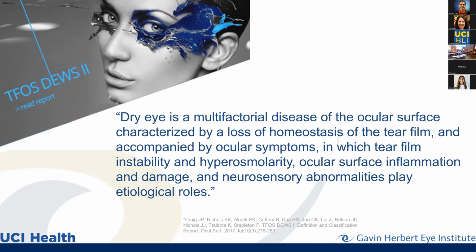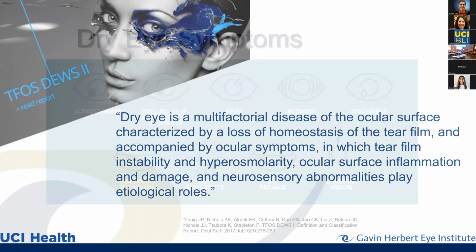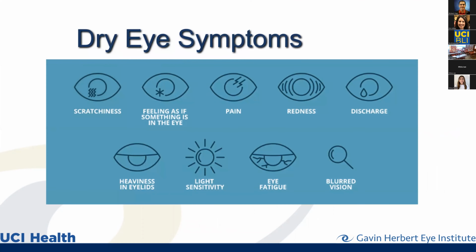And all of this ends up causing ocular surface inflammation and damage. So we're going to focus today on this ocular surface inflammation and damage. But in general, dry eye symptoms range from itching, burning, light sensitivity, hard to keep your eyes open, feeling like your eyes are very tired. And it's very, very common. I'm probably sure everyone in this room, if you sit in front of the computer long enough, or if you have the air conditioning blowing at your eyes, you've felt some of these symptoms at least at some point in your life.